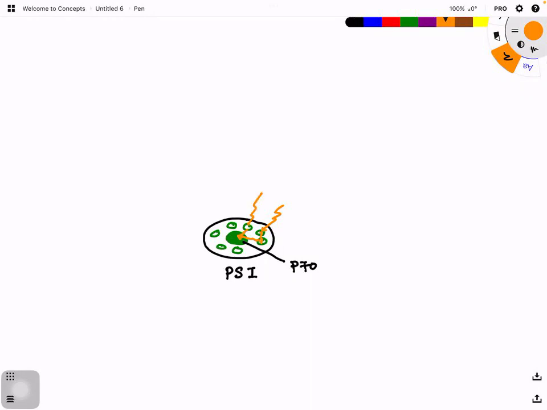Are you clear? So once it passes this energy to the reaction center, I write here, this is the first process. So what is the first process?